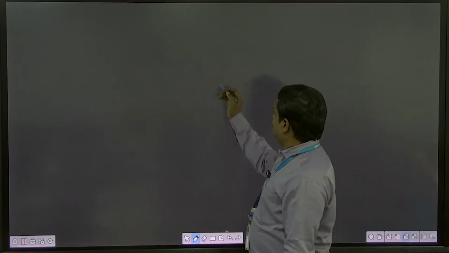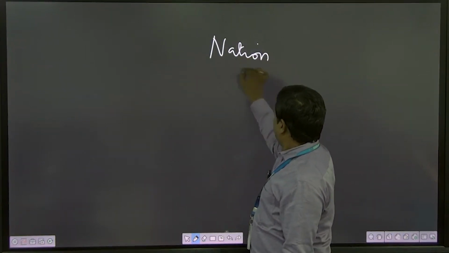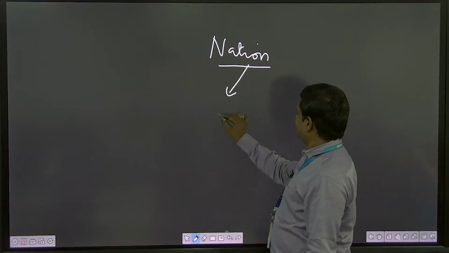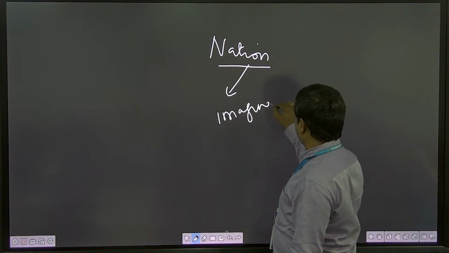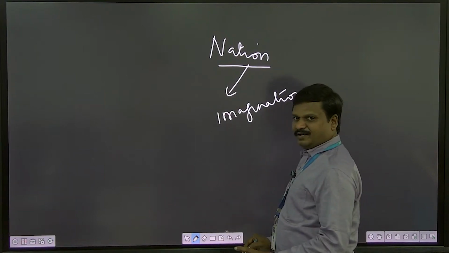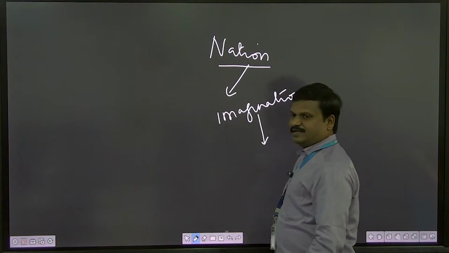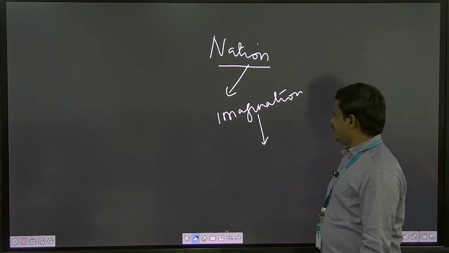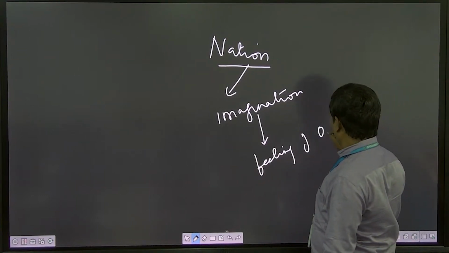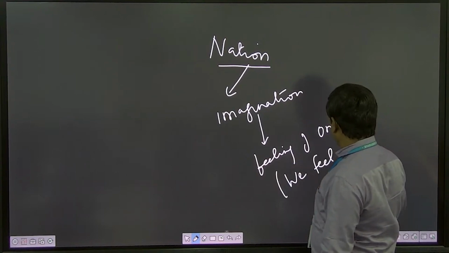Okay. Now, what is called as nation? Nation is an imagination. People living in a territory, they have a feeling of oneness, which means they have a we feeling.